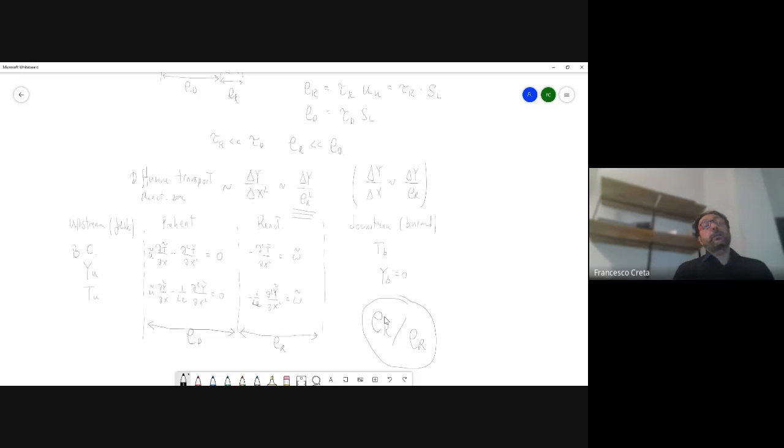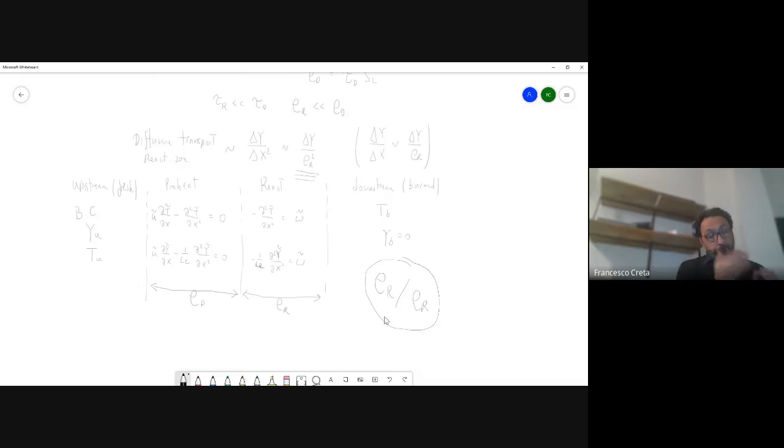What does this ratio depend on? And we're also going to find an expression for SL, answering the question, what does SL depend on? Because if you remember, all of this could not be done with the Rankine-Hugoniot analysis.